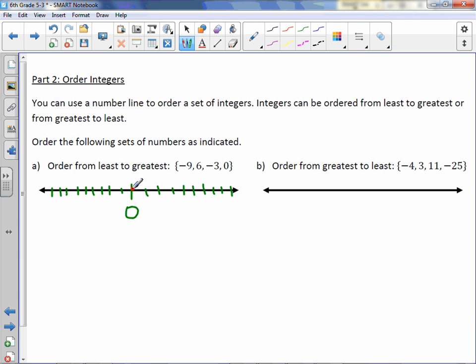Then we have negative 9, which is over here. 6, 1, 2, 3, 4, 5, 6. And then negative 3. This was negative 9, this was negative 3, the 0, and 6. We want least to greatest, the smallest numbers on the left. So negative 9, negative 3, 0, and then 6.